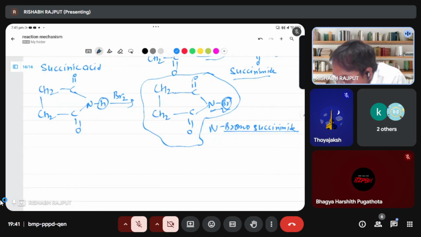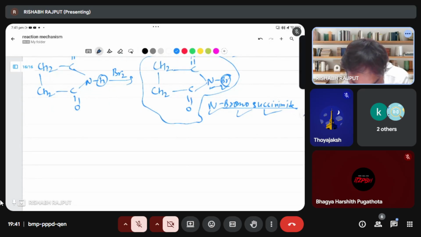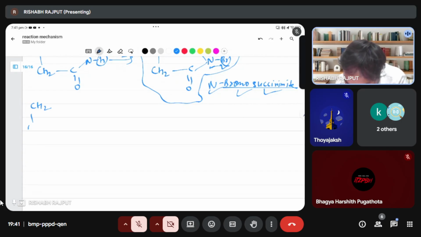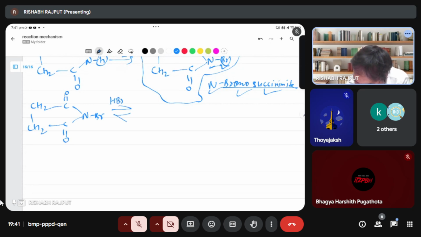See, this is the name N-bromosuccinimide, succinimide. Okay, this is a diagram of NBS. If you want to make the diagram, what happens if I put HBr here?